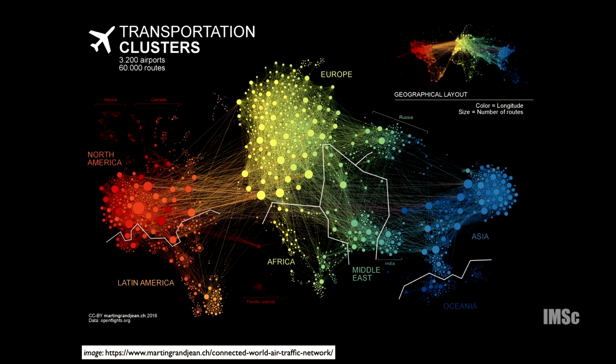What they've done over here is used a layout algorithm where it's like you're putting springs between parts of the network, and you also have repulsion between nodes of the network. And so you're just allowing this to evolve, and so it's no longer stuck to any physical location.